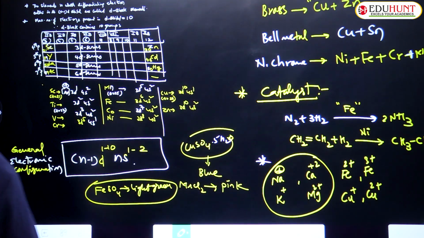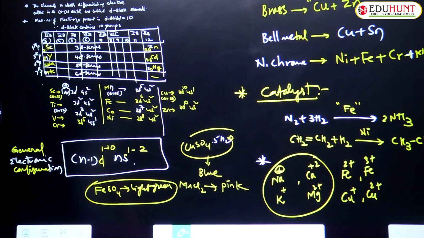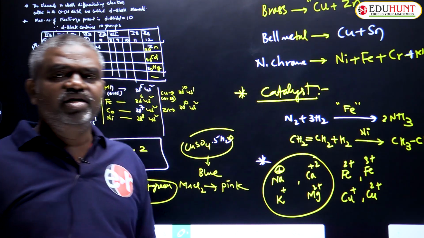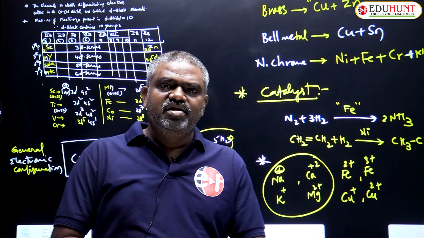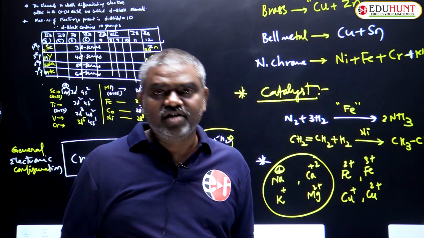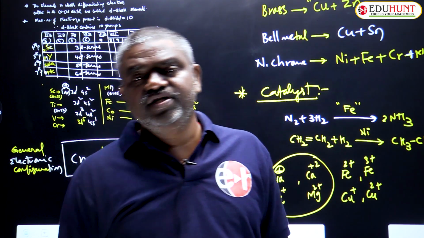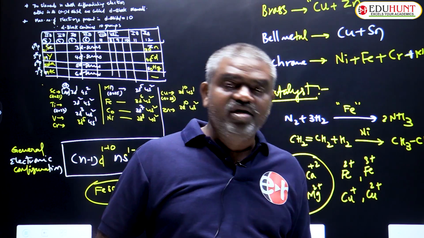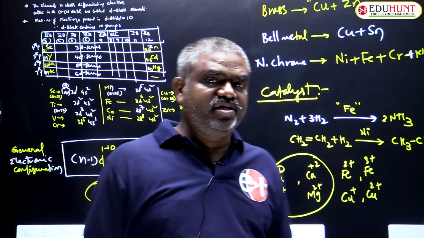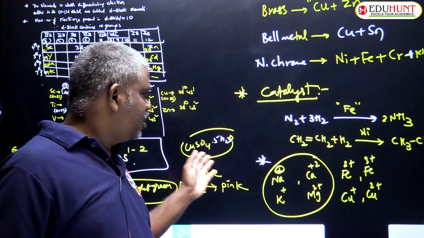Okay. Now I will give a quick revision about D block elements. D block elements are those in which the differentiating electron enters the d orbital.